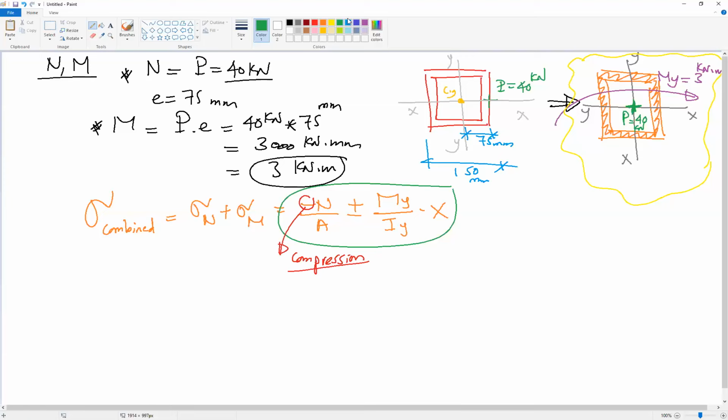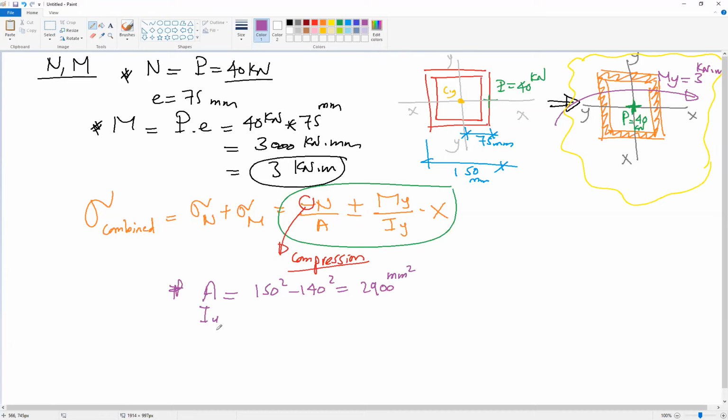Okay. Before we start the substitution, we need to calculate two parameters. The area of the section will be the outer area, 150 squared, minus the inner area, 140 squared. That gives us an area of 2,900 millimeter square.